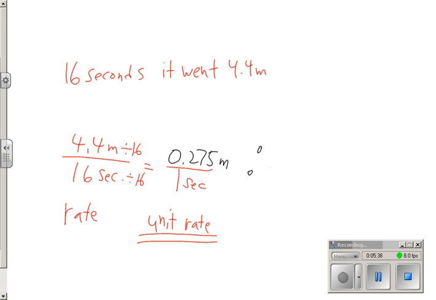By the way, how many centimeters is that? It went 27.5 centimeters per second. That was the average rate of change in altitude that the balloon went. Hopefully that helped you and not confused you. If you have any questions, come see me.